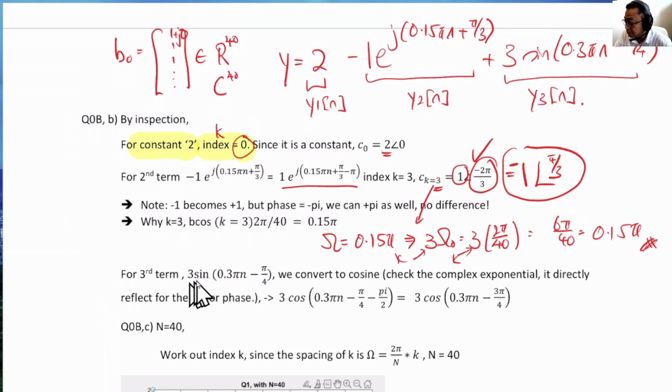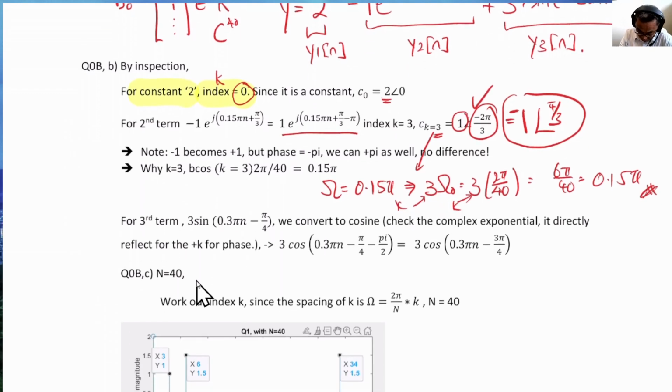For the third term, we have 3 times sine of this. As a trick, we want to convert the sine into cosine first. You realize that it is easier to convert it into cosine, because then we would have two complex exponentials that do not divide by the j term.